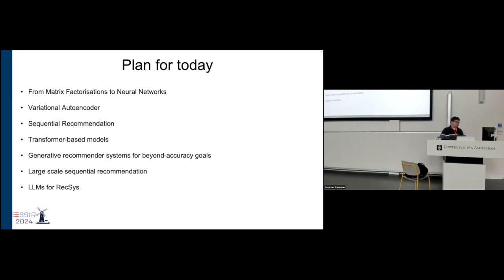Then we will go through different approaches that are fancy and modern and achieve very good results. And in the end, obviously, we cannot end without talking about LLMs, so we'll talk about the role of LLMs in the future of recommender systems. So without taking more time on the introductions, let's move to the main body of the lecture.